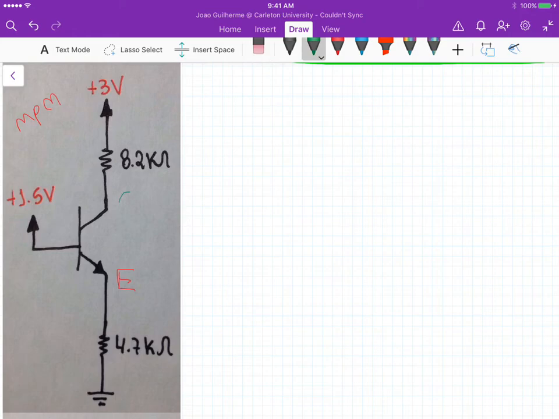So the collector up here and the base here. Now because it's an NPN, we know that VBE is equal to 0.8, right? And that's from the problem. We still have beta equal to 50.